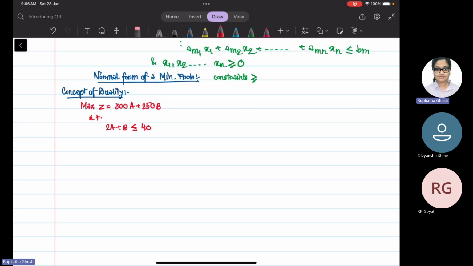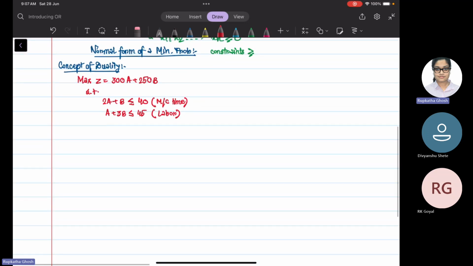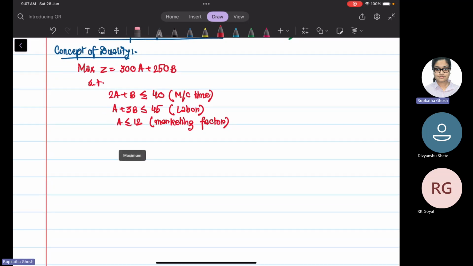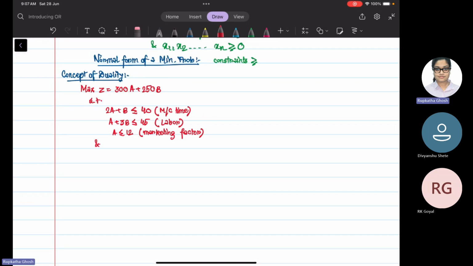Let's say this is some machinery time constraint. Similarly, A plus 3B less than equal to 45, and that's some labor hours constraint. And A less than equal to 12, let's say this is a marketing factor constraint. And A and B are greater than equal to 0.